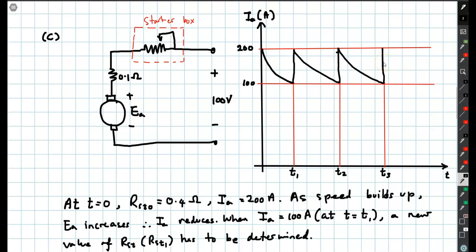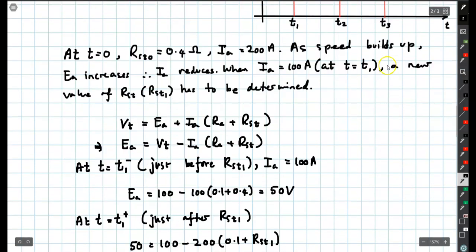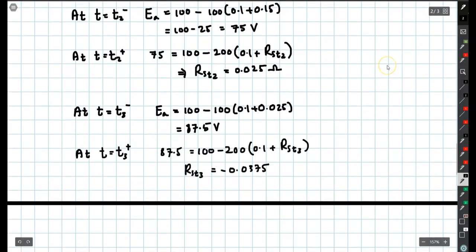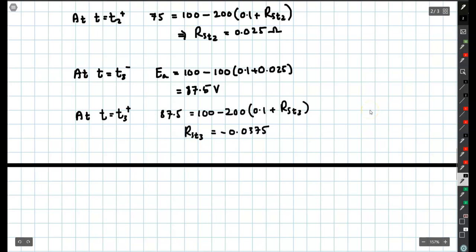In fact, we don't need RST3, because if RST3 is equal to 0, then the value of the armature current is still within the range of 100 and 200 ampere.